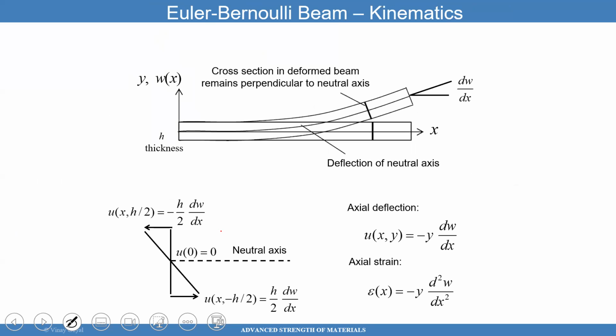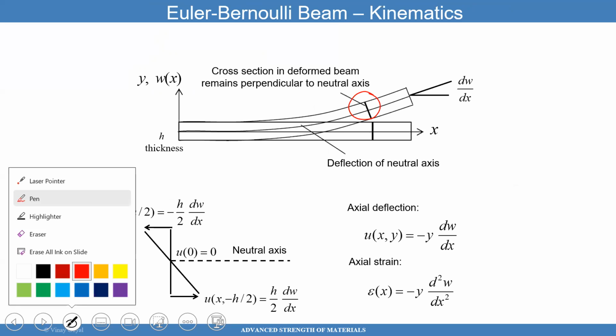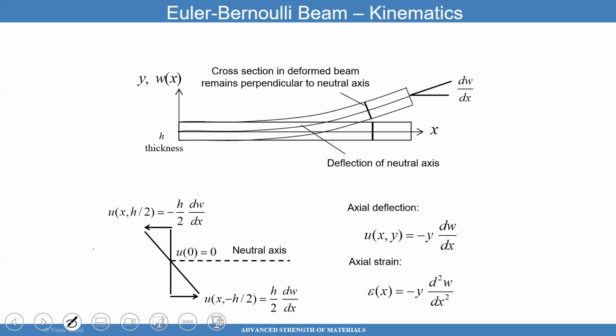So again, when I look at this beam, we're assuming that the cross-section stays perpendicular. You can see there that we drew the cross-section perpendicular to the neutral axis. Let me ask this question. If the cross-section stays perpendicular to the neutral axis during deformation, what do you think is the shear strain gamma xy?